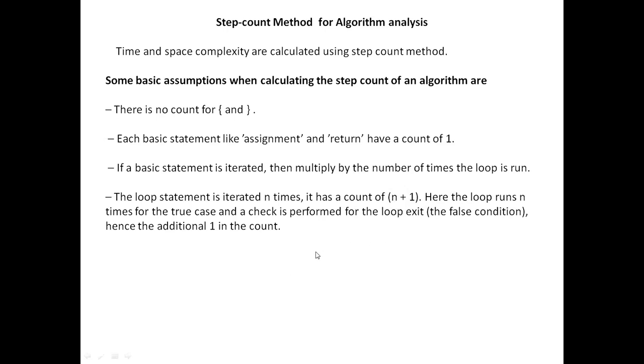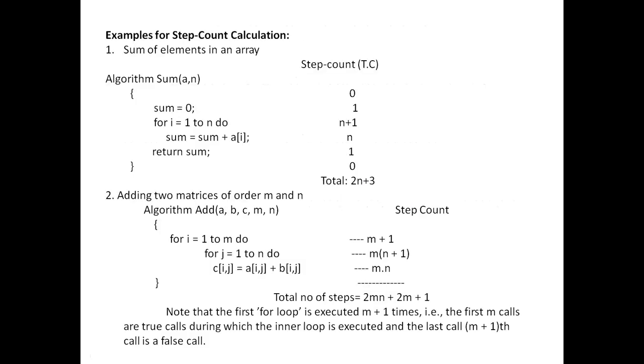So with this, we will look at some examples for counting the steps. Examples for step count calculation. Summing the elements of an array. So here my algorithm is Sum, where A is the array and n is the number of values.